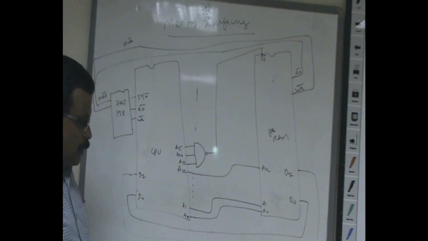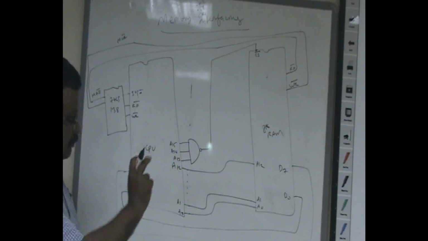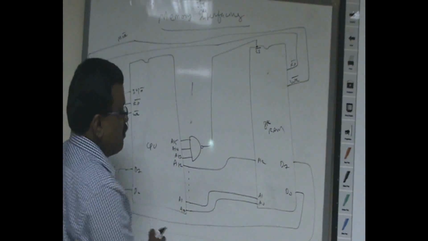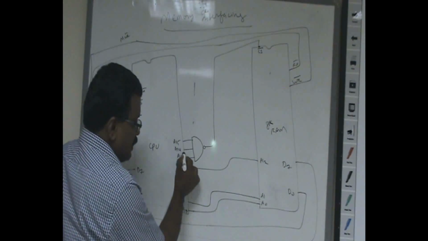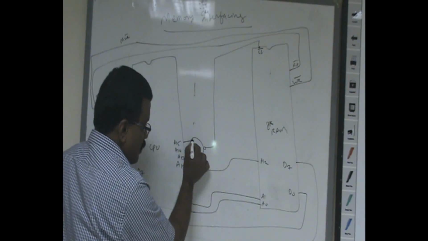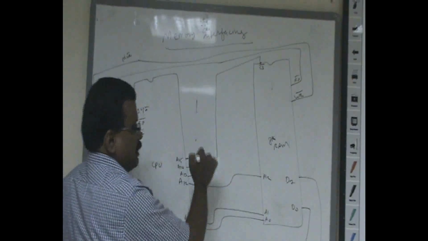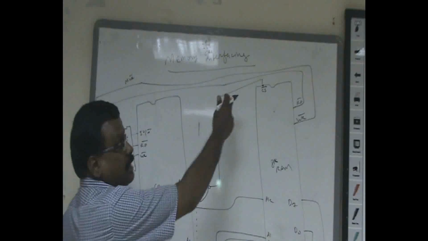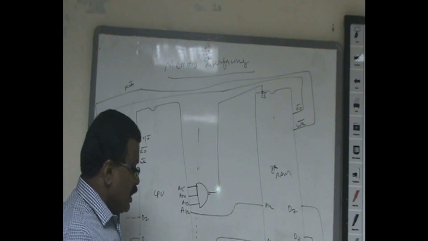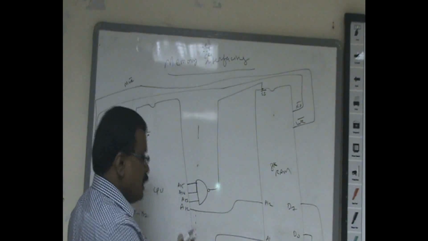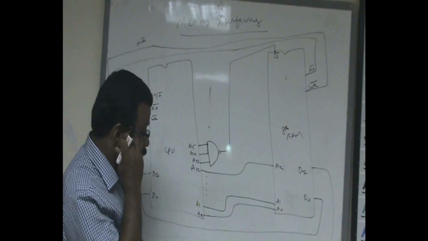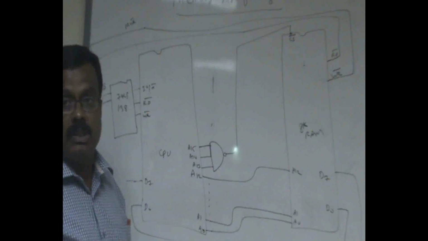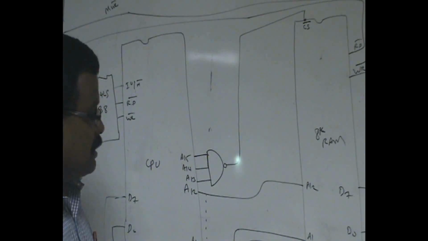Now if you look into A0 to A15, as far as A13, A14 and A15 are concerned, always they should be 1, then only the chip select signal should go low. So you can vary the signals from A0 to A12. We can vary between 13 zeros and 13 ones to get 8K different locations.